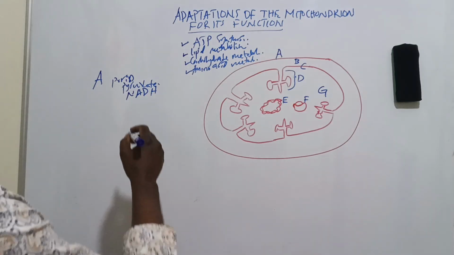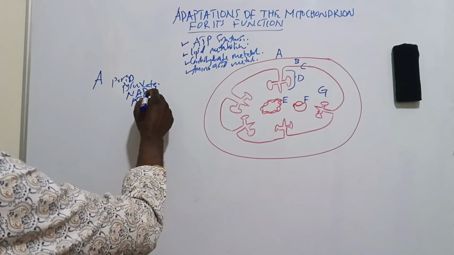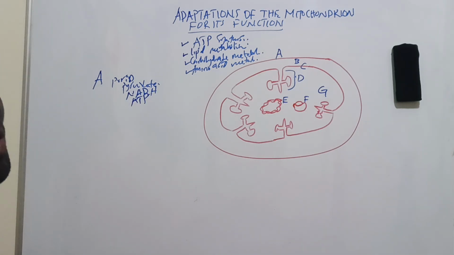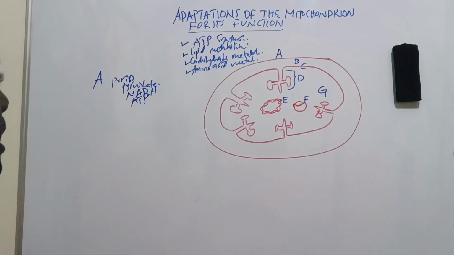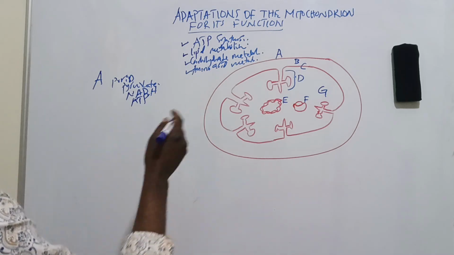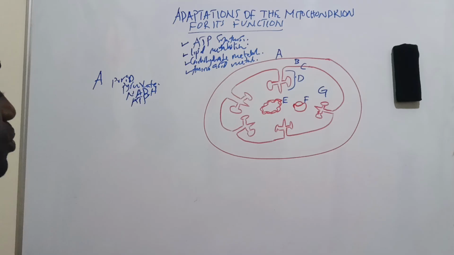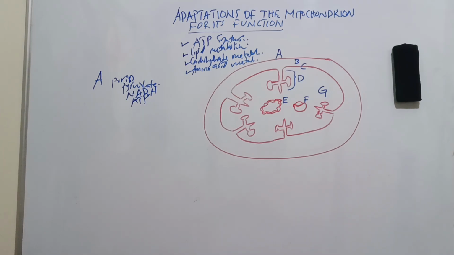ATP being made has to cross and go to the entire cell, plus other metabolites involved in various biosynthetic or catabolic reactions within the body. That is very important. The outer membrane is for that. We said it is about 6 to 7 nanometers thick, which is a very good distance to allow the diffusion of materials to enter or leave.